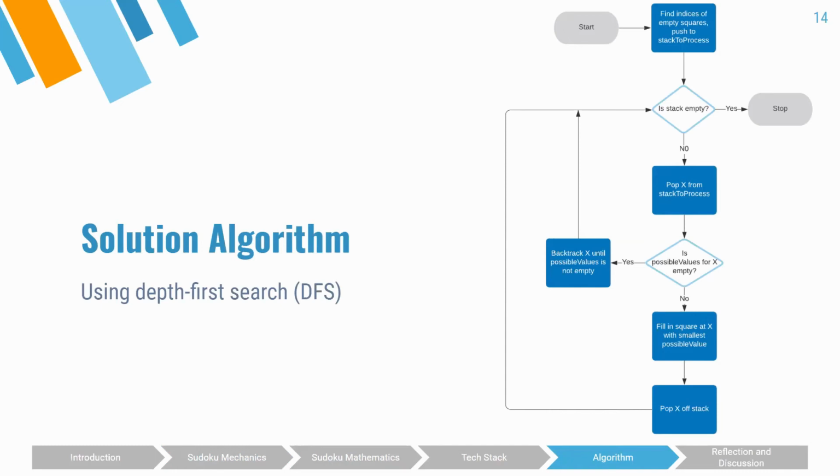In this case, we have to backtrack until the possible values is not empty. Once the stack for the values to process is empty, we can stop. At this point, either the board was unsolvable or we finished solving the board.